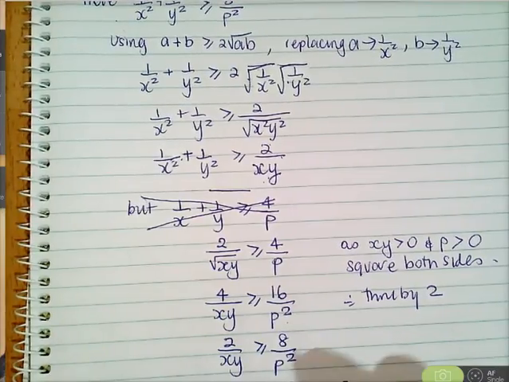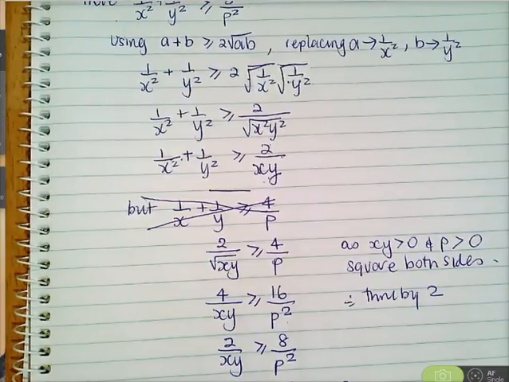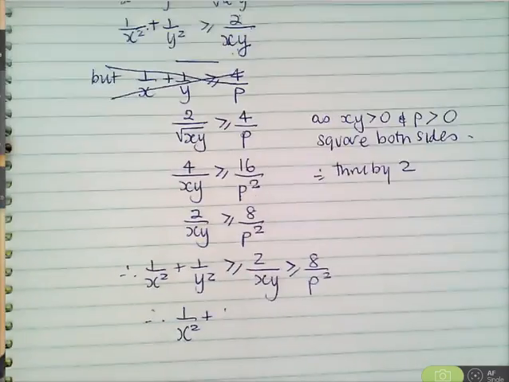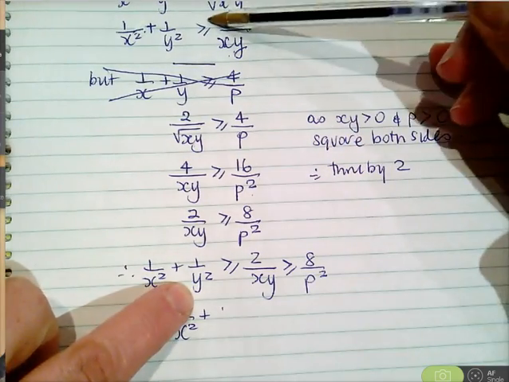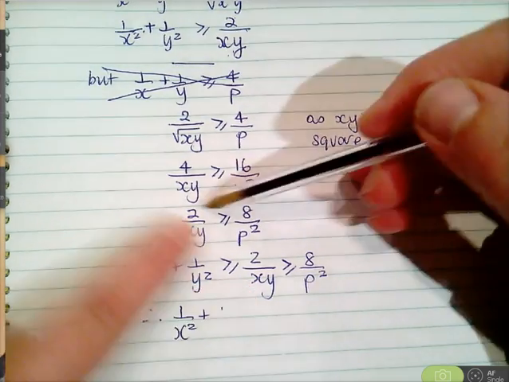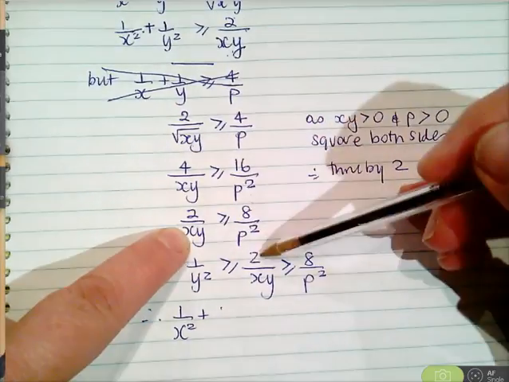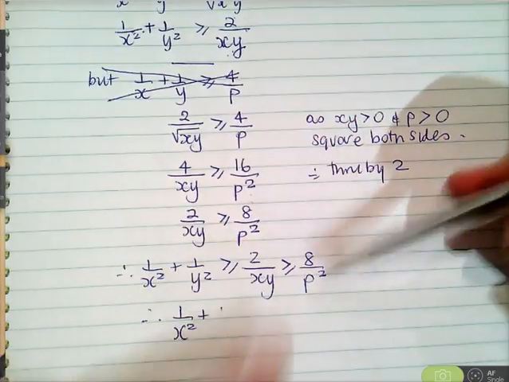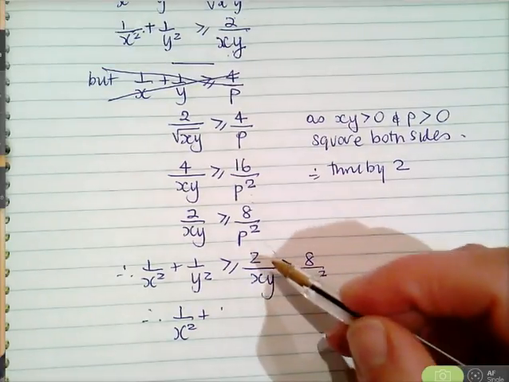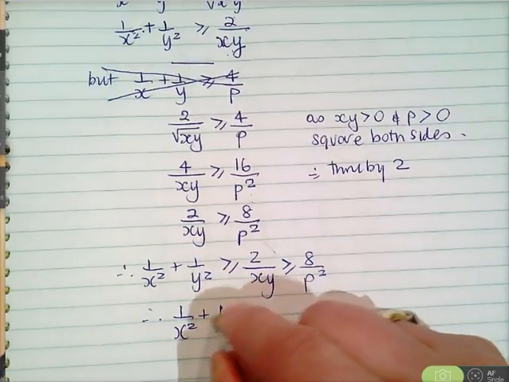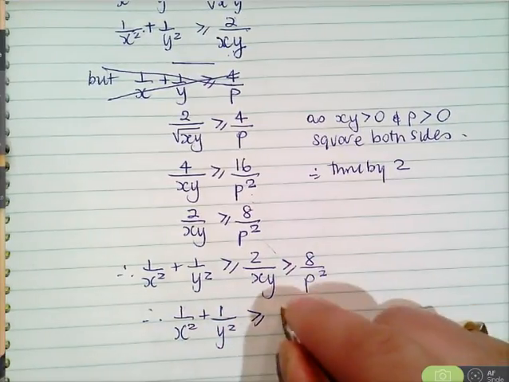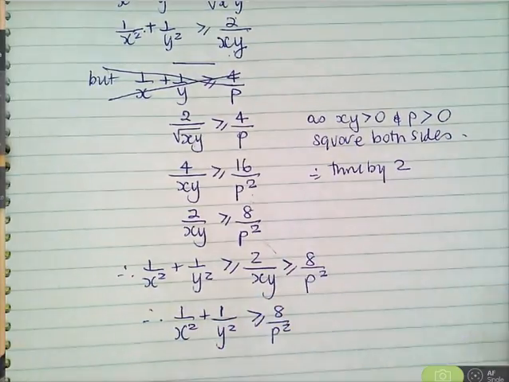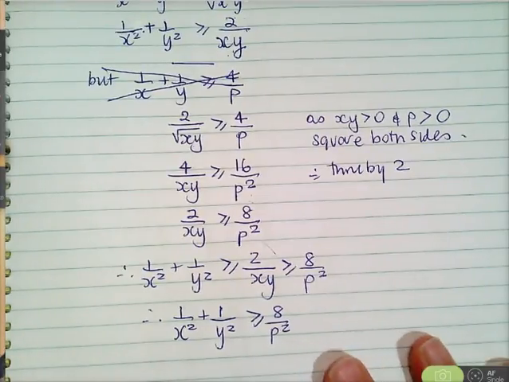So we know that 1 over x squared plus 1 over y squared is greater than or equal to 2 over xy, but then writing this one here that 2 over xy is greater than or equal to 8 over p squared, therefore 2 over xy is the middle link again. So therefore 1 over x squared plus 1 over y squared is greater than or equal to 8 over p squared. And that result has now been proven.